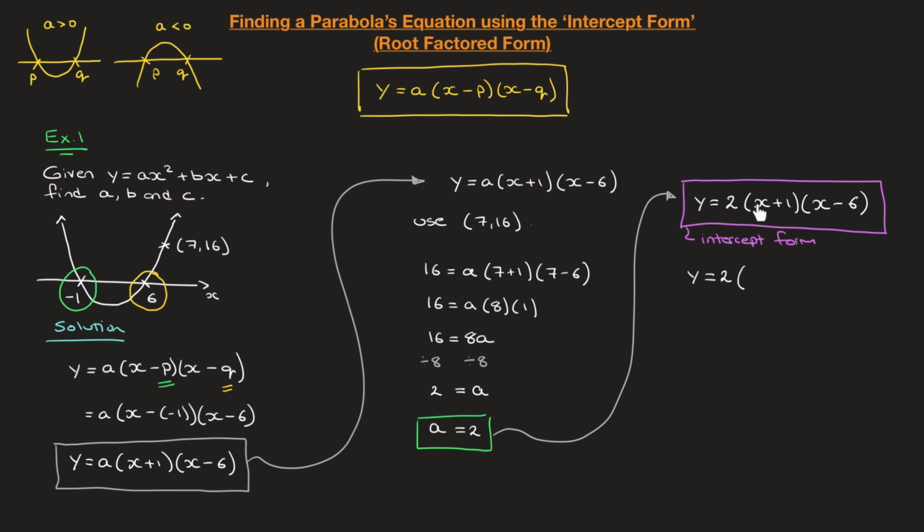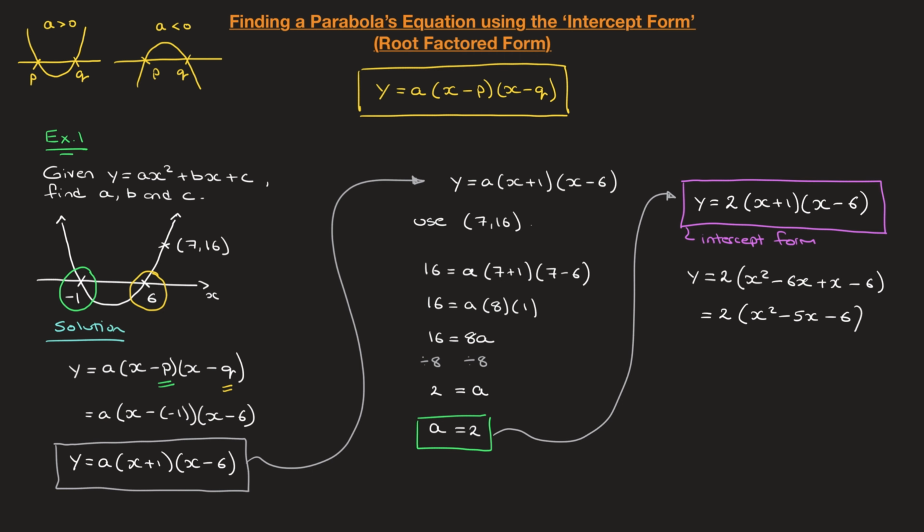So let's go ahead. We have x times x, which is x squared, minus x times 6, so that's minus 6x, plus 1 times x, so that's just plus x. And finally, we have plus here and minus here, so minus 1 times 6, in other words, minus 6. Now that quickly turns into 2 times (x squared minus 5x minus 6).